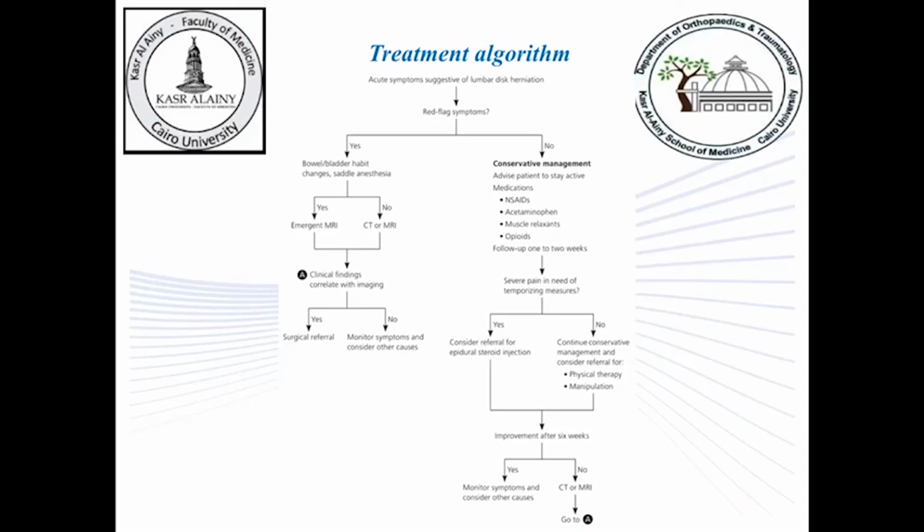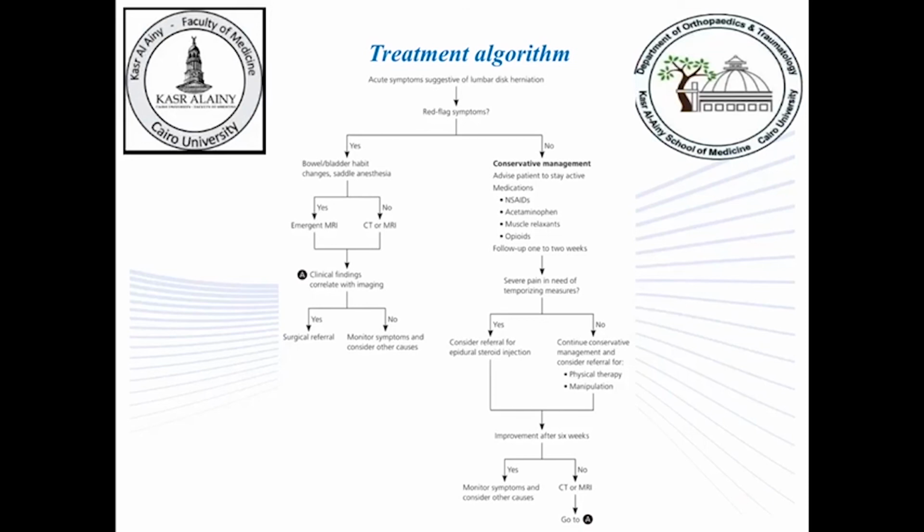If the patient is presenting with acute symptoms suggestive of lumbar disc herniation, but there are no red flag signs, then conservative management is the management of choice. Non-steroidals, muscle relaxants, opioids, in some cases steroids are given, and follow up in 1 to 2 weeks for the degree of the pain.